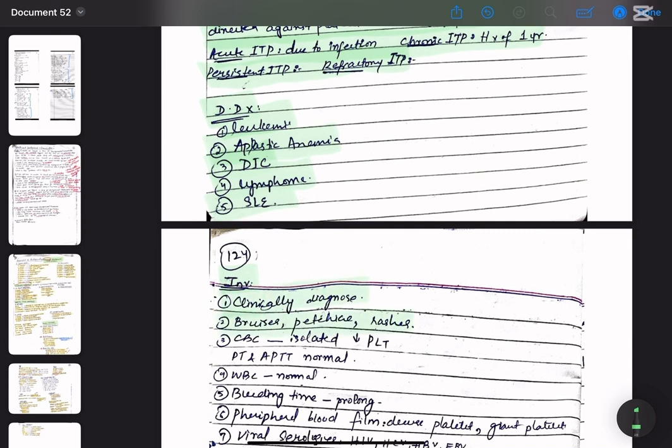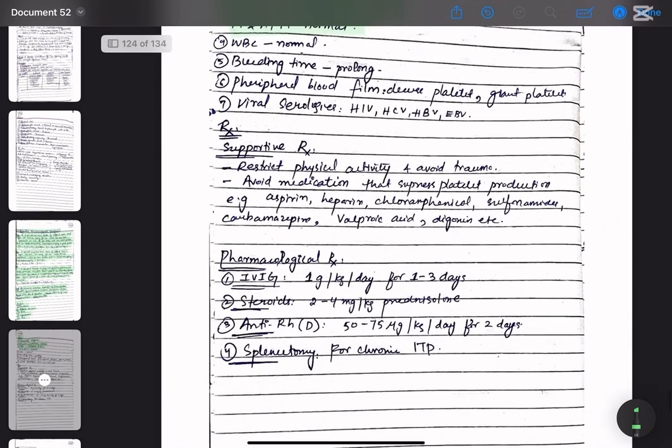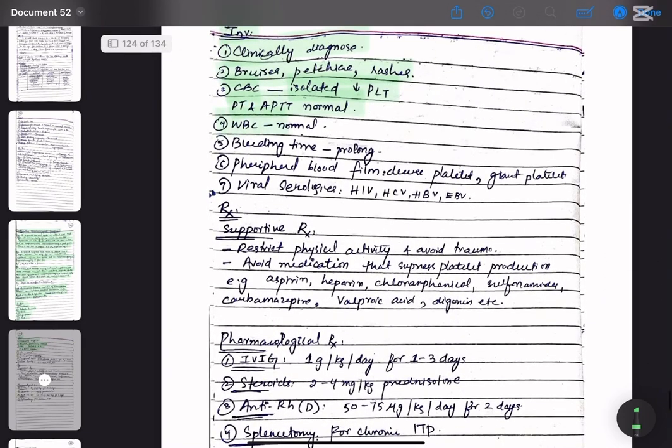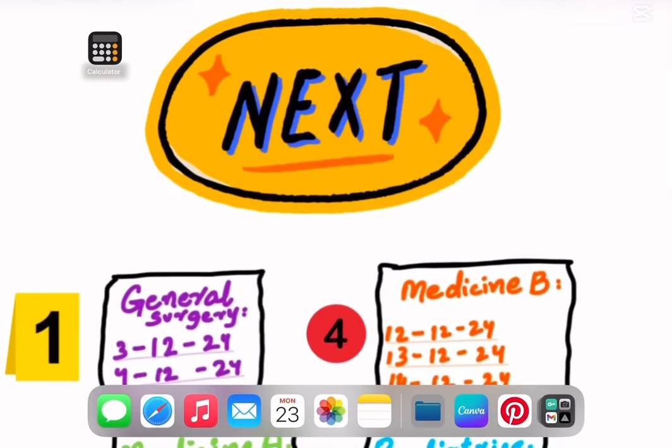CBC is done and shows isolated decreased platelets, PT and APTT are normal, WBC is normal, and bleeding time is prolonged. Peripheral blood film shows decreased platelets and giant platelets, and viral serologies are done, that is HIV, HCV, HBV, and EBV.